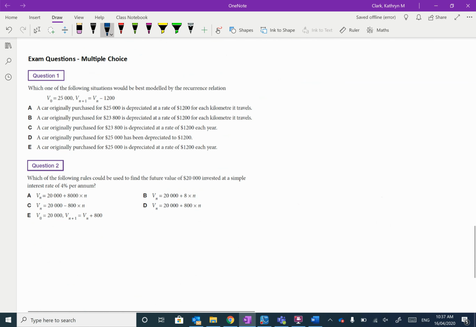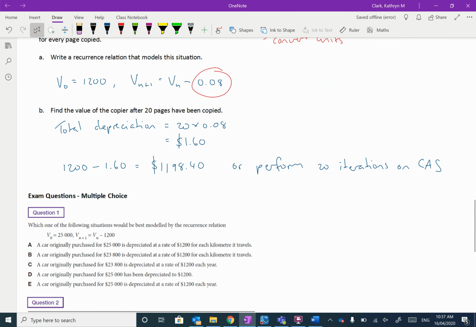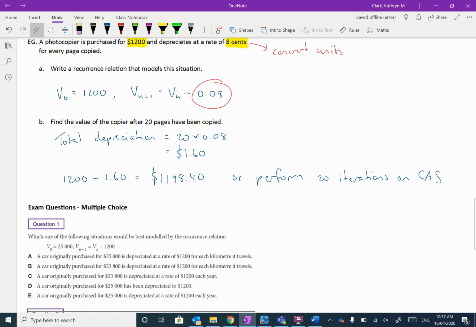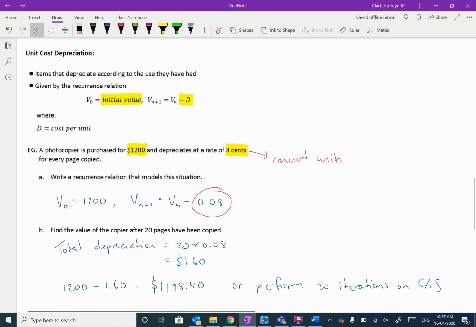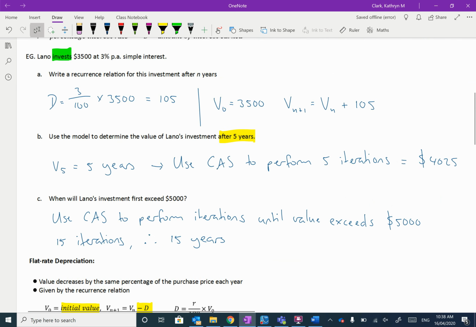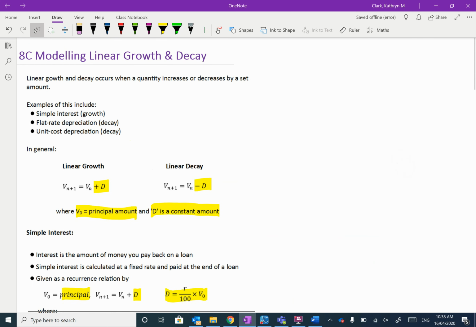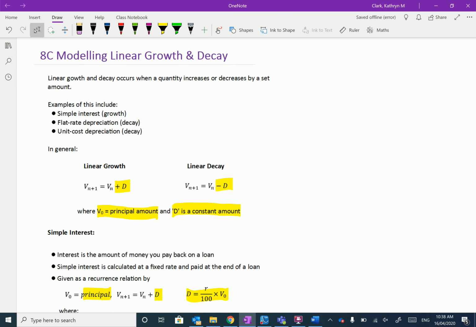Alright, so you guys have got a couple of exam questions there to have a go at. I will put the solutions to them up on our class notes a little bit later so you can double check. But that is using recurrence relations to model linear growth and decay. So remember, the key thing here for linear growth and decay is that things are always going to be either increasing or decreasing by a fixed amount.